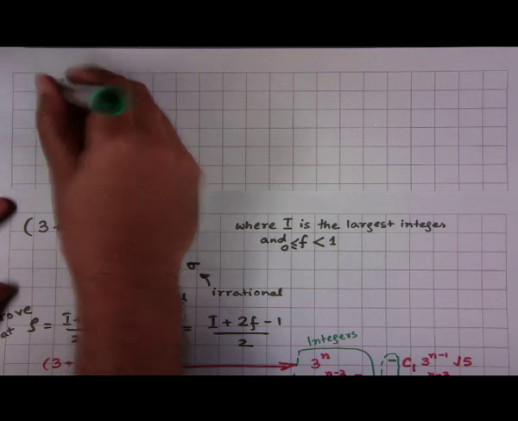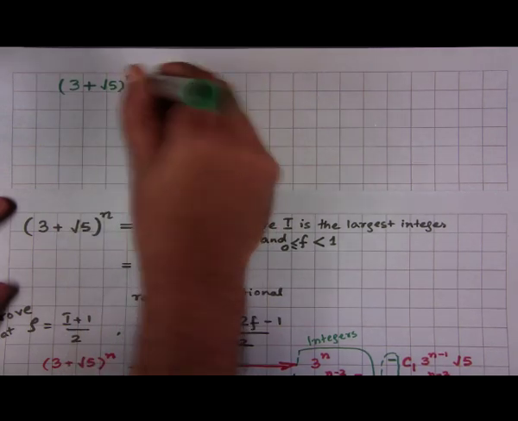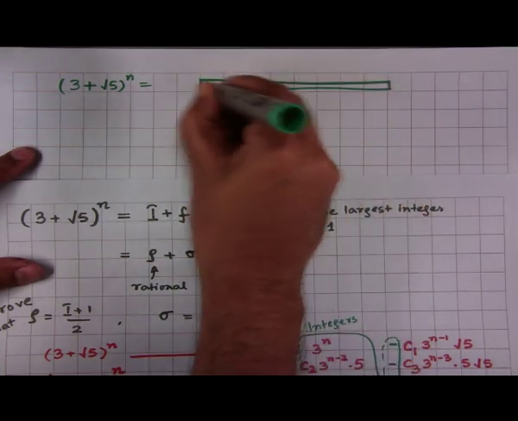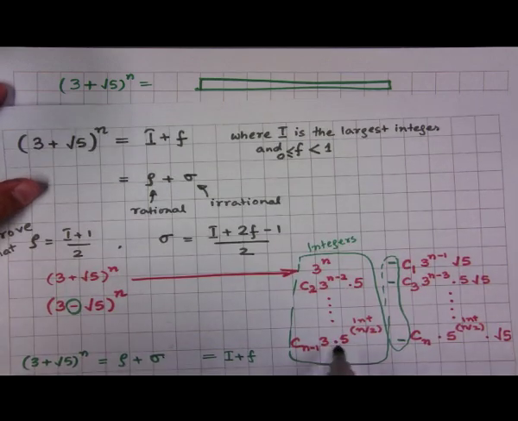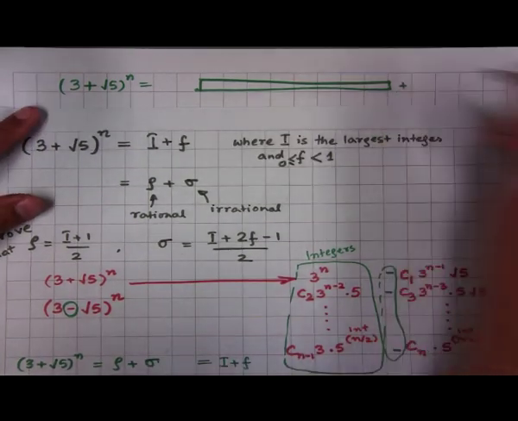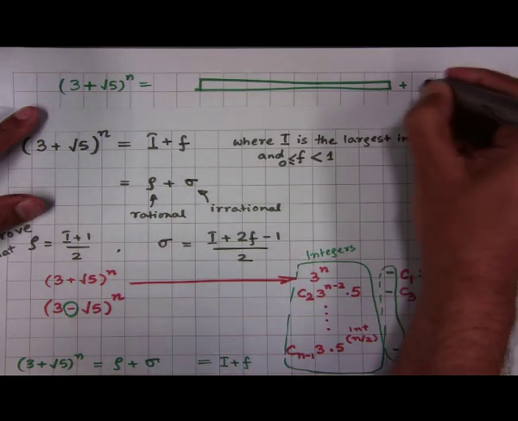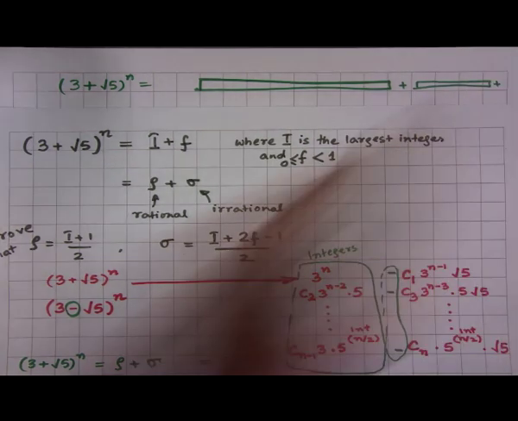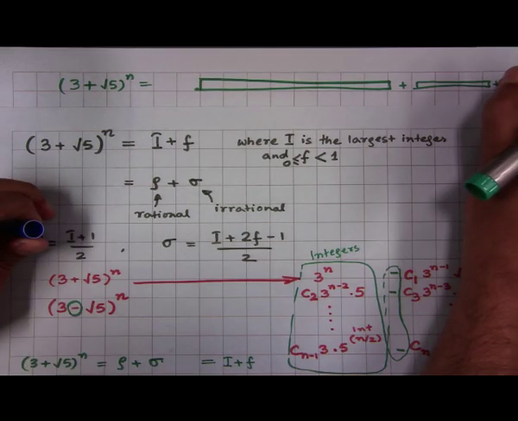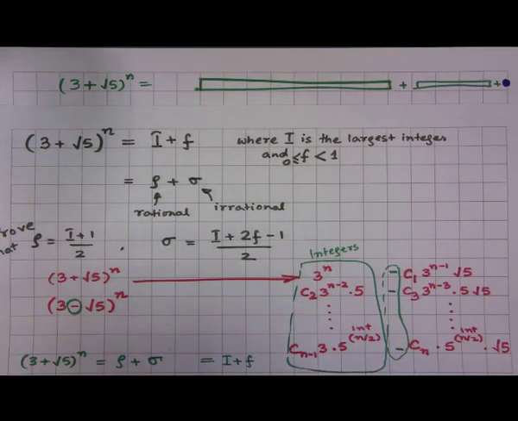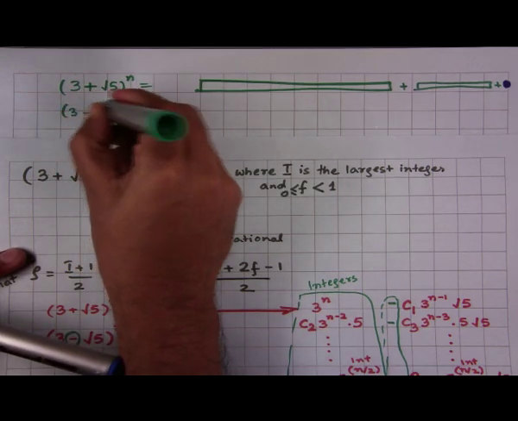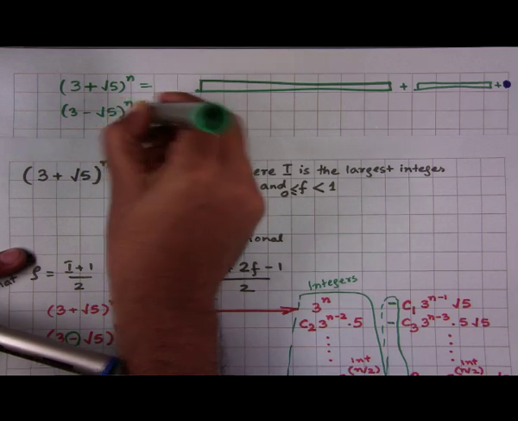When you do the plus sign, so if you get some integer for the integer part, and then for this fractional part you get some integer plus some blue fraction. Okay. Then for 3 minus root 5 whole power n, what will you get?